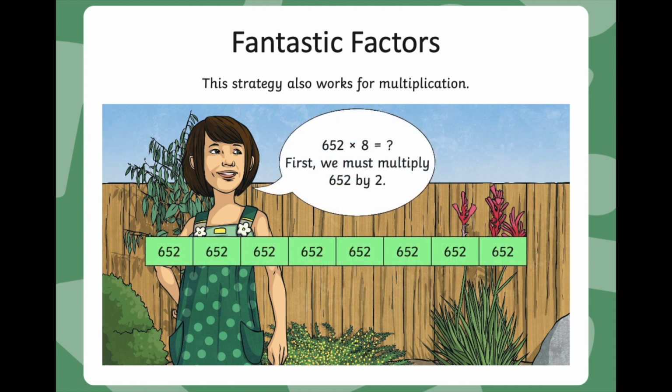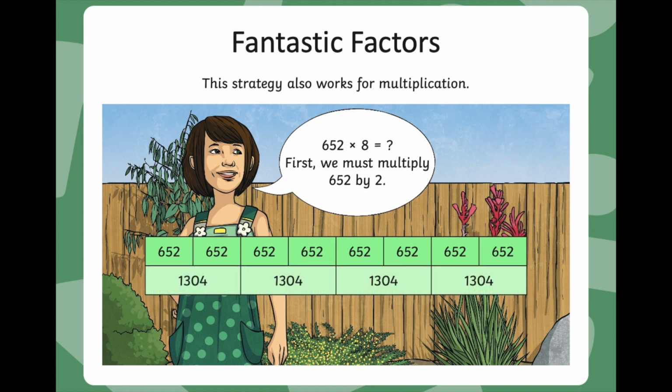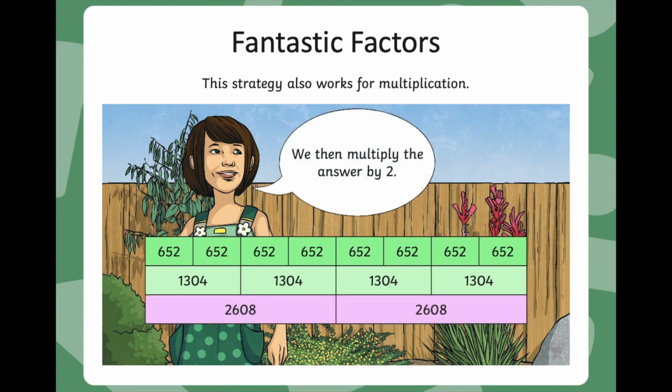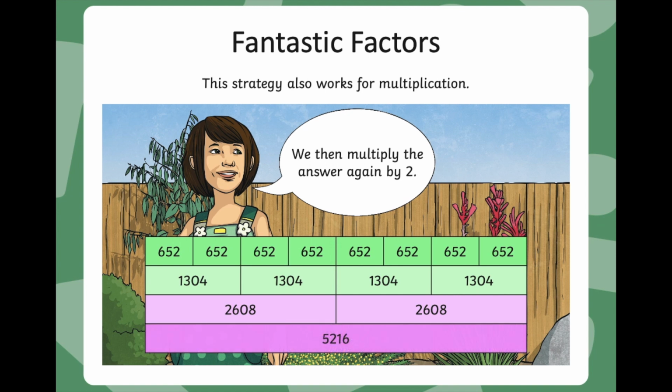So 652 times 8. Well, we first must multiply 652 by 2, which is 1,304. So we have 4 groups of 1,304. We then multiply the answer by 2, which is 2,608. We then multiply that answer again by 2, so 2,608 times 2 equals 5,216.